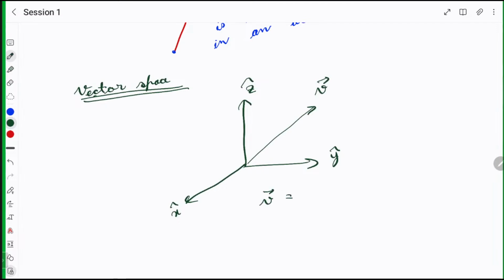Any vector here, say v1, would look like x1 x-hat plus y1 y-hat plus z1 z-hat.